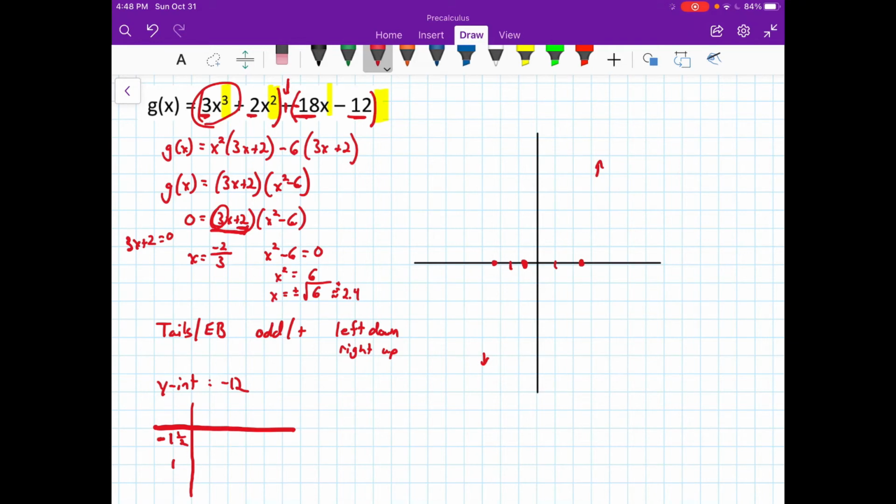And that should be enough to help us out. We do have the y-intercept already. So negative 1/2.